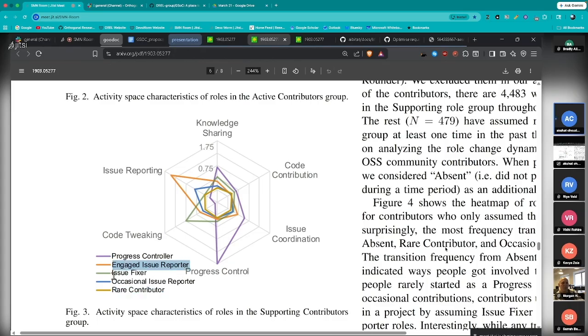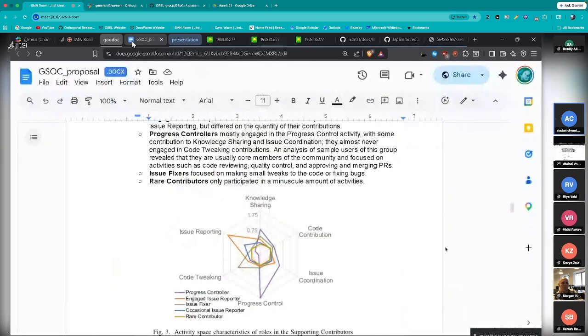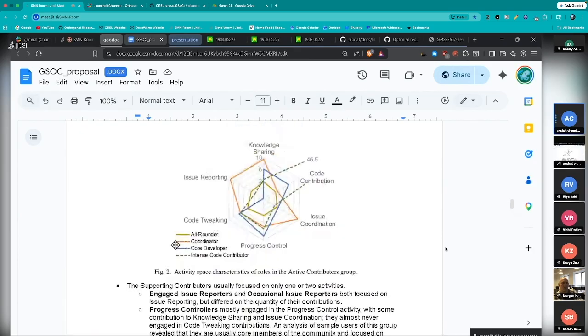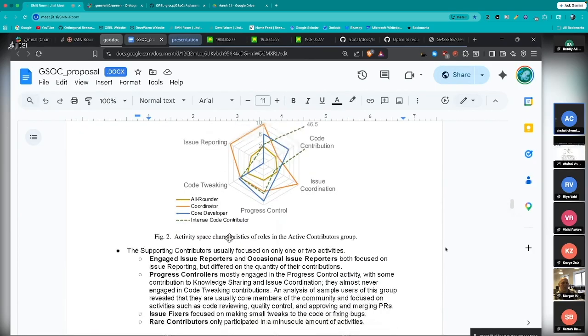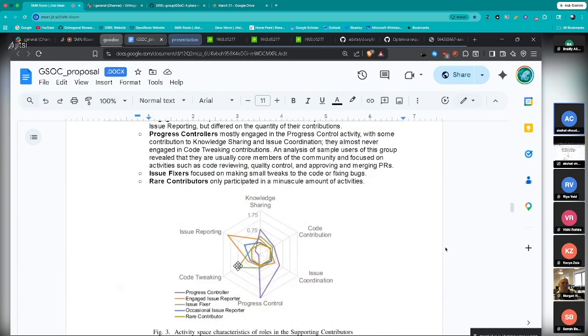Some engage in issues, some engage in fixing those issues, and there are progress-based ones also. So we can basically model these roles into our project, so we can test which leadership is best for an open source project to be sustainable, and what type of supporting contributors are best.